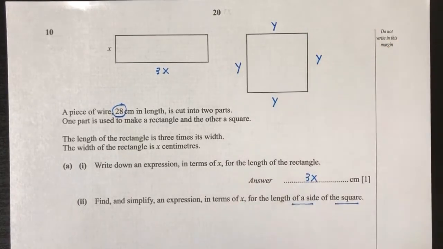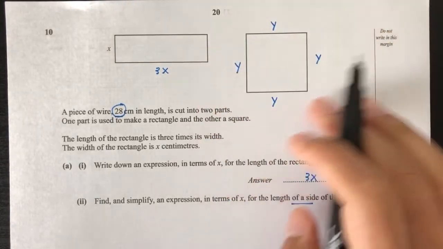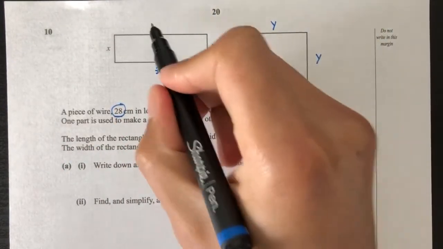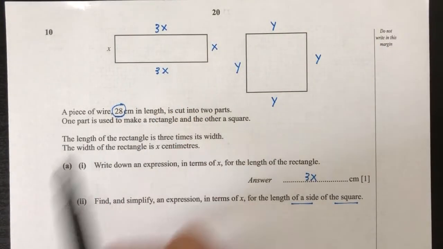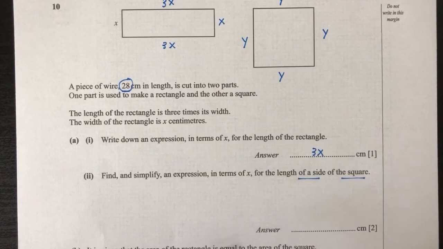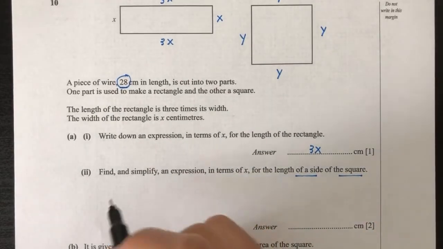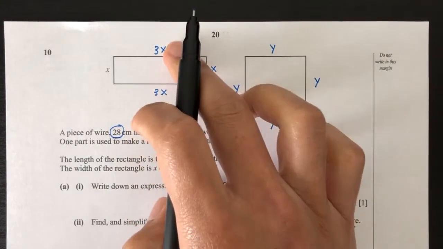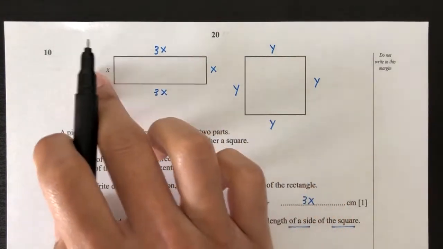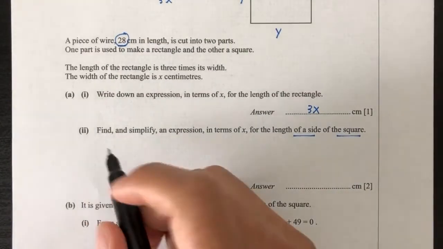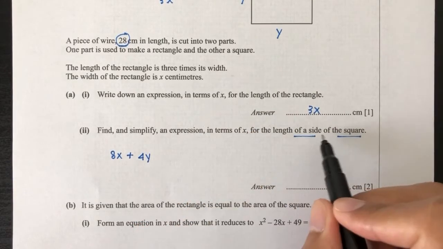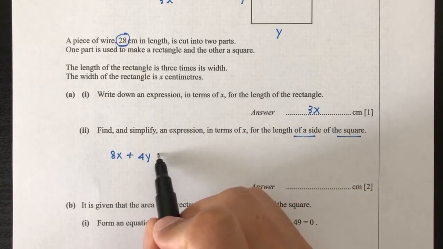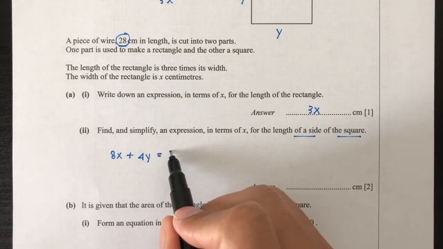If you add everything up, here will be x, here will be 3x, and you will need to get 28. So here we have a rectangle, 3x plus 3x will be 6x, plus x will be 8x. So 8x plus 4y, where y is the length of one side, will be equal to 28.